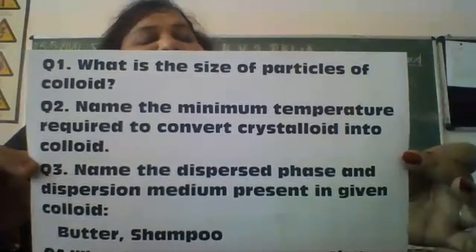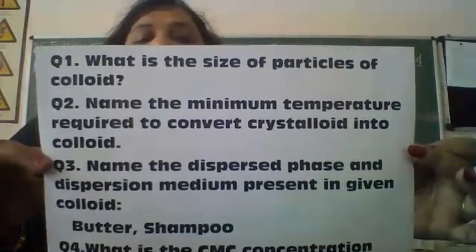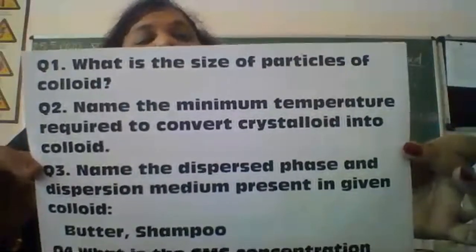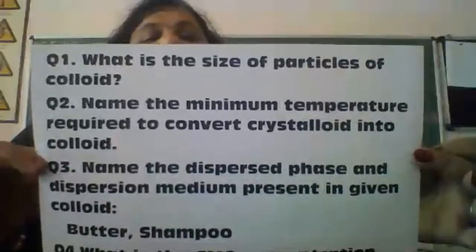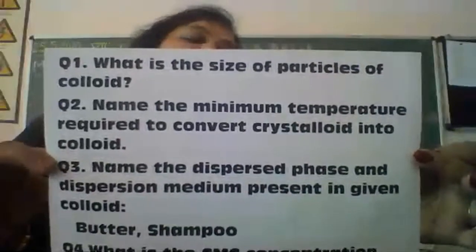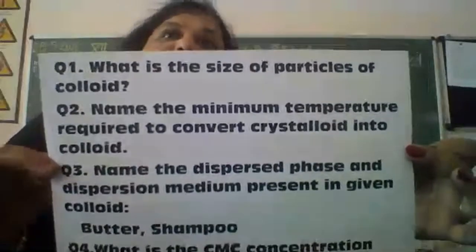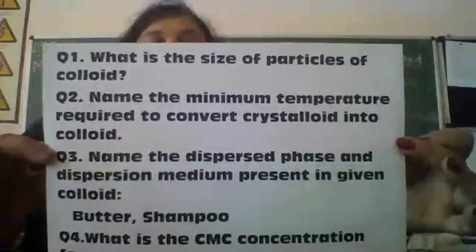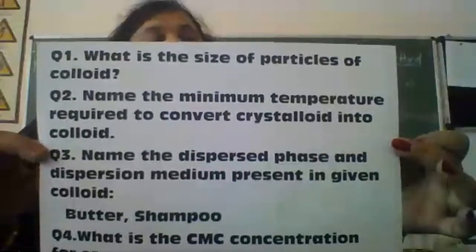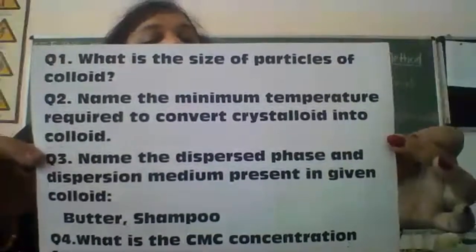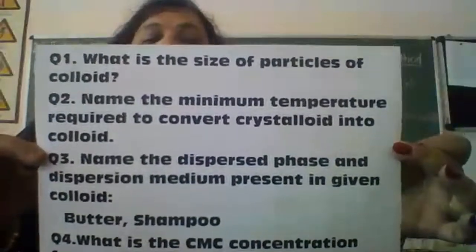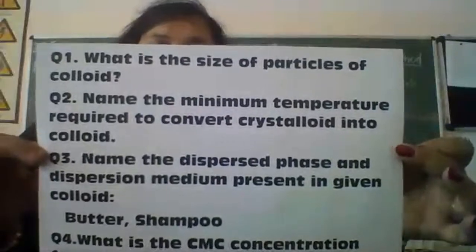That's why I have hidden these 2 facts here when I just revised with you. What particular term is used for the minimum temperature that is required to convert a crystalloid solution into a colloid? Just above one definite temperature, the crystalloid behaves as a colloid in the case of micelle. That particular term you have to mention here.